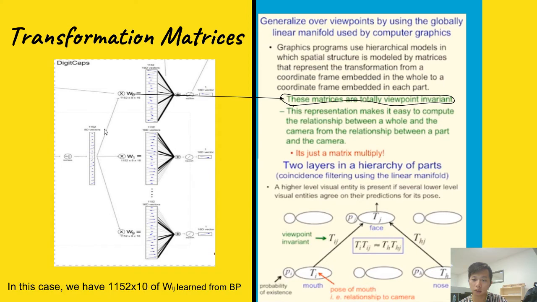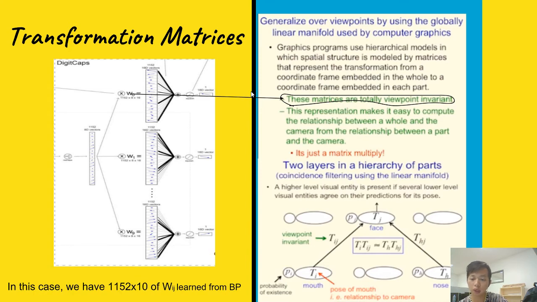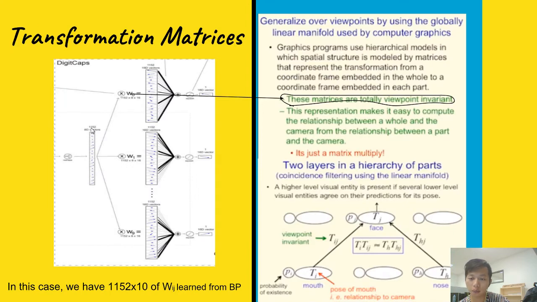So these matrices connect each capsule output between these two layers, the primary caps and digit caps. So there are in total 1152 by 10 matrices, which are learned from backpropagation. And as we have all the material now, how these are connected is called routing by agreement. So firstly, we initialize the weights, because every capsule, every connection will have a weight.